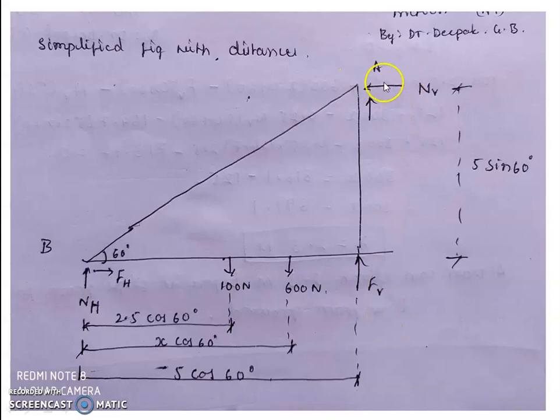And here NV is causing an anti-clockwise moment and it is at a perpendicular distance 5 sin 60. So the moment becomes NV times 5 sin 60. That is anti-clockwise, so negative. One negative moment is there from NV. One more negative moment is there from FV, and two clockwise moments are there, contributing from the weight of the ladder and also from the person.